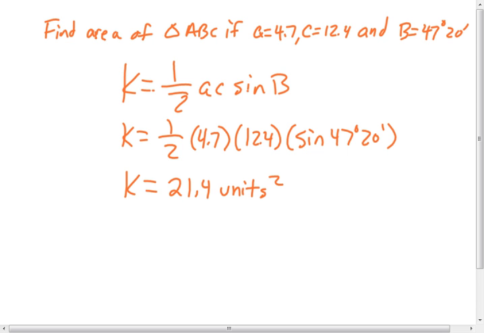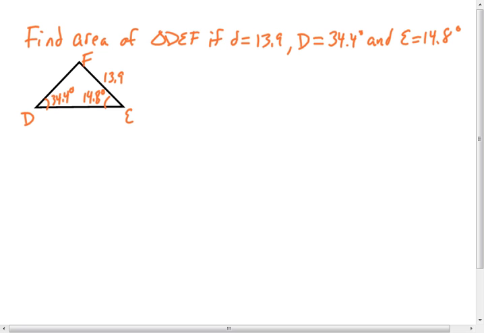Now moving on to an angle side angle problem. Notice in this problem for a triangle DEF, we're given two angles and a side, and we have to find the area. Well, the first thing we need to calculate is the measure of that third angle, F, because we have to know all three angles to be able to do angle side angle. If we're given two angles, it's easy to find the third one. It's just simply subtracting the sum from 180.